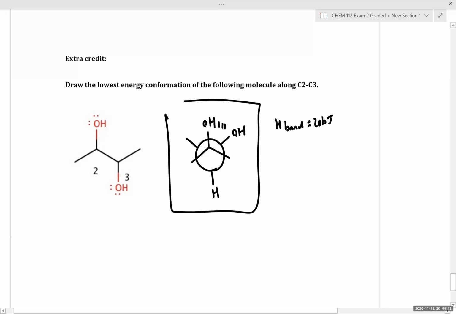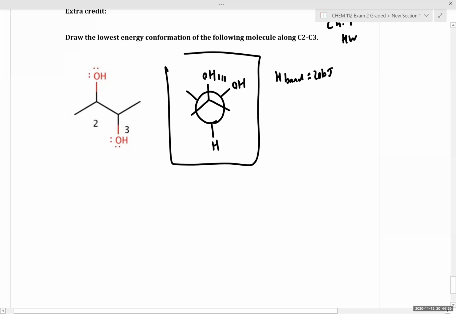Have we seen this question before? Was it in the homework? Yes, it was. Of course. Yep, it was in the chapter for homework. It was actually copied almost word for word, except with methyls instead of an ethyl.